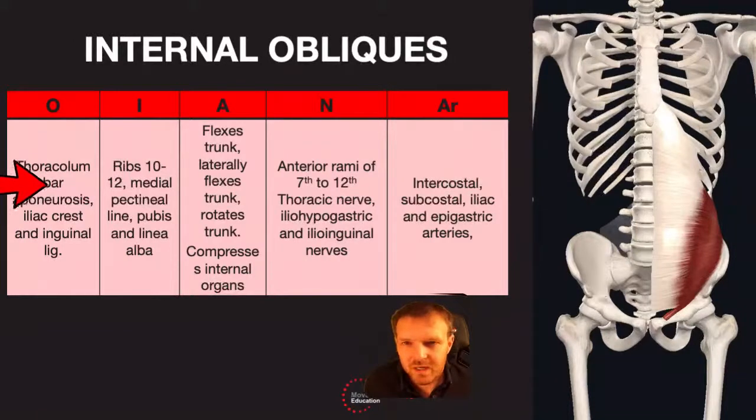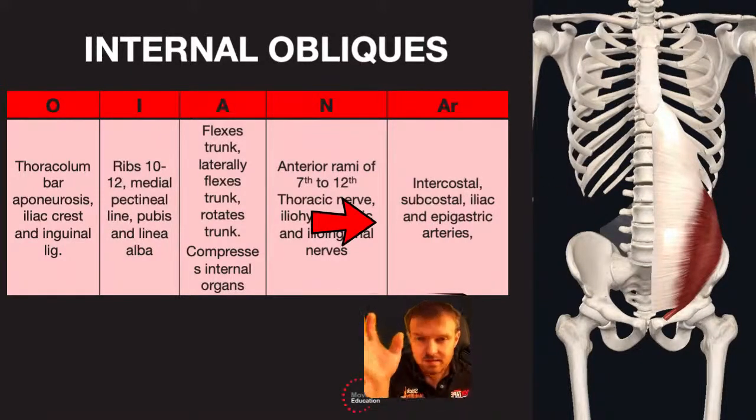So from your thoracolumbar aponeurosis, so thoracolumbar fascia around the back, the iliac crest and the inguinal ligament, and then attaches onto your ribs, the pectineal line, which is on the pubis, and the linea alba, which is the white line in the middle. Okay, so a massive muscle again, that wraps around like a corset in exactly the same fashion as the transverse abdominis.